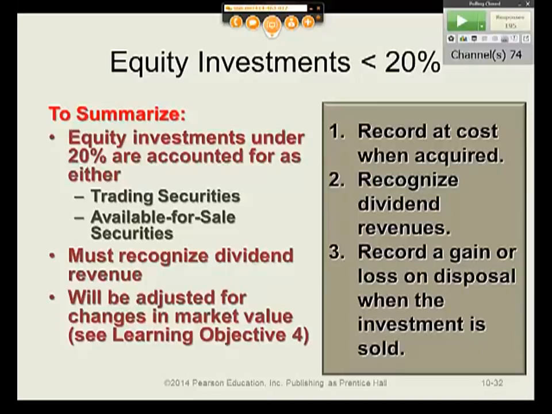So this is, I think, one of the first cases where we sort of violate the historical cost concept. And remember we said we use cost because it's objective and it could be verified. In this case, let me think about these securities, trading and available for sale. These are equity securities. Where do I get the fair value from? How do I know?